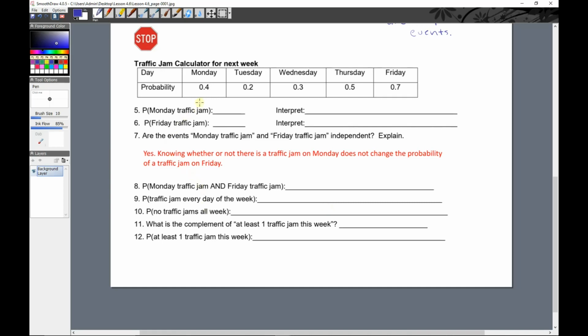So the probability of a Monday traffic jam is 0.4, and that's a 40% chance of a traffic jam on Monday. Friday traffic jam is over here, that's 0.7, and that would be a 70% chance of a traffic jam on Friday.